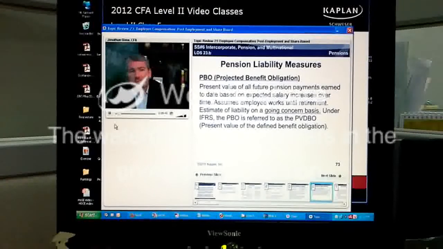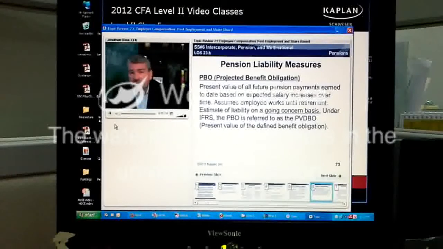Rather than calling it the PBO, under IFRS we call it the PVDBO, the present value of the defined benefit obligation. Note that in the readings, in the Institute's material, in the Schweser material, and in these slides, we're just going to use PBO and PVDBO interchangeably. So we'll often use PBO just because it's a little shorter, even when talking about IFRS, but it is the same thing. So that leads us to say, what is the projected benefit obligation?